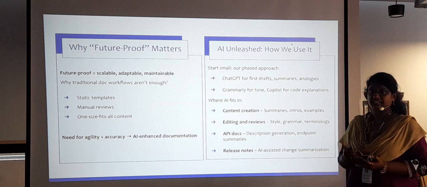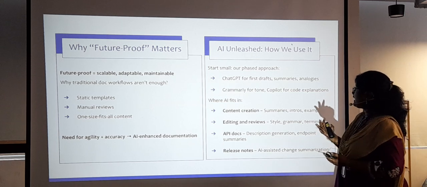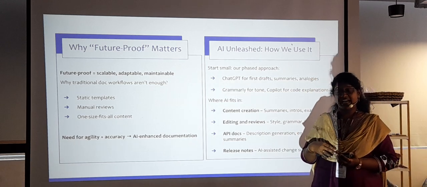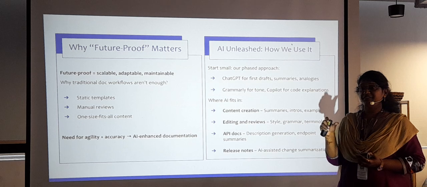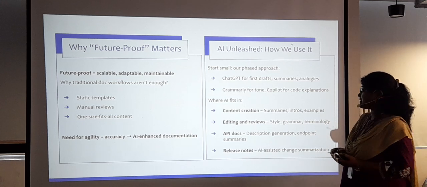We started with ChatGPT. We started small, and then we broke down the workflow that we have here and identified areas where we can use AI in different process steps.